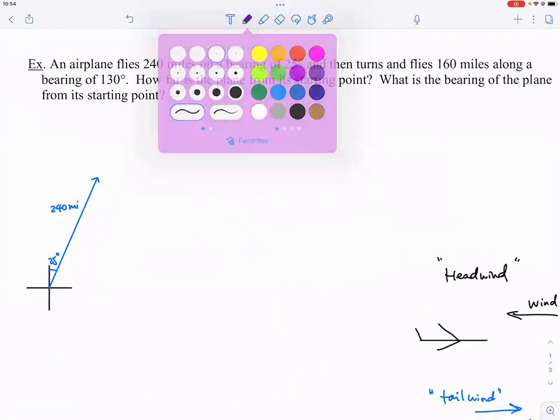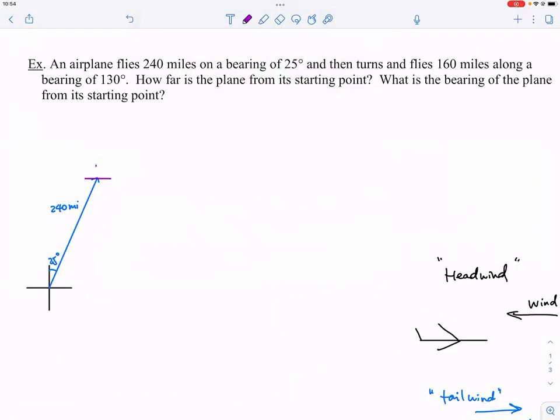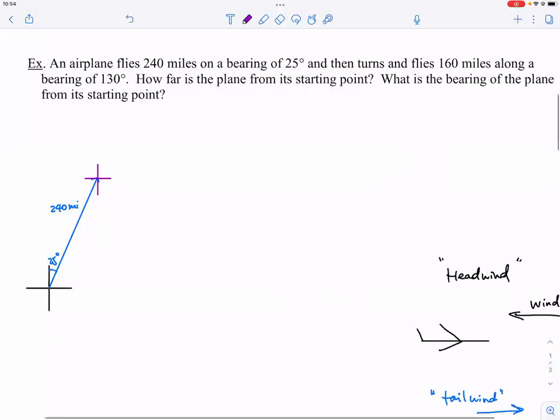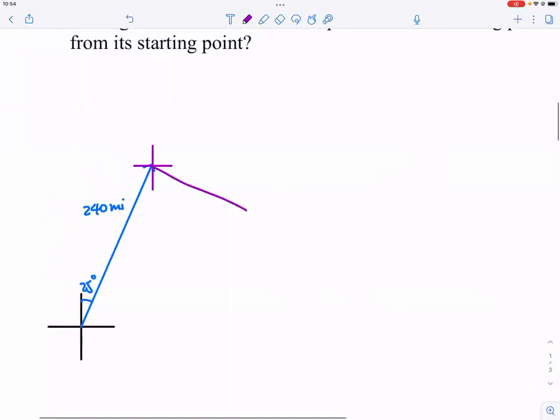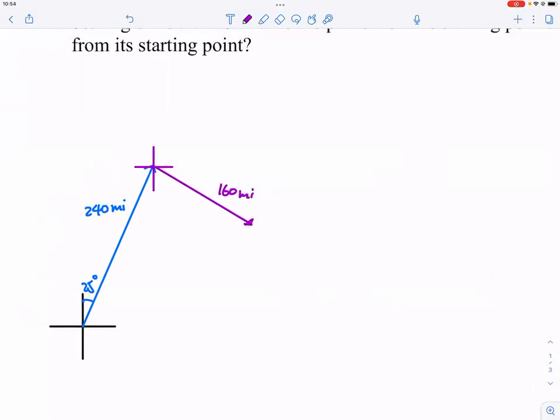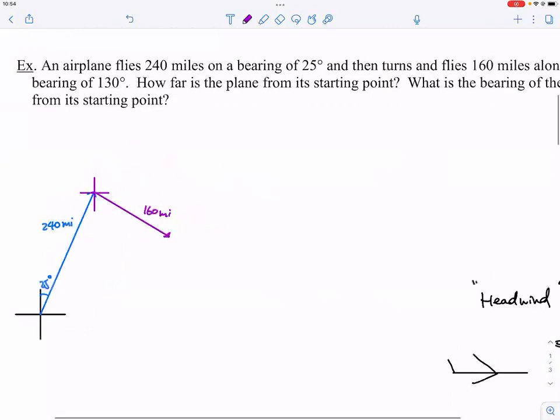So I'm going to draw another cross right here, and that is turning to 130 degrees. So 130 would be somewhere right here-ish for 160 miles.